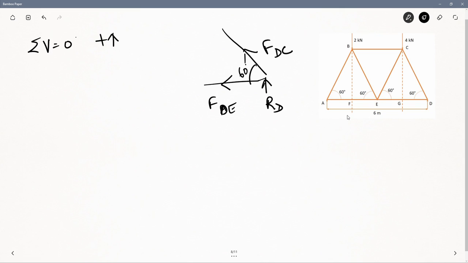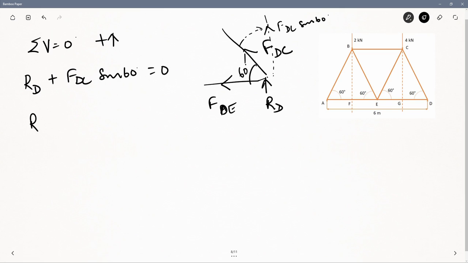So in that case I have my RD reaction acting upwards plus FDC sine 60. Now if I resolve this member in the vertical direction, it would be something like this, FDC sine 60. And I equate this equation to 0. I know my RD value to be equivalent to 3.5 kilonewton.